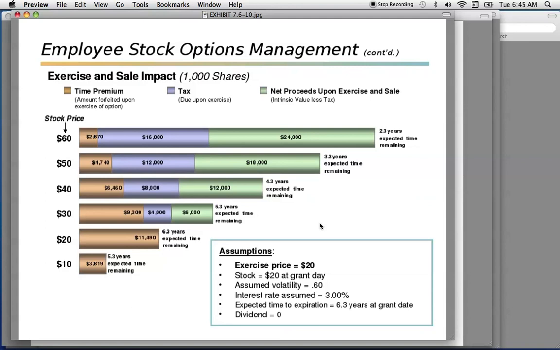So that's why the companies want you to make these early exercises. They don't want you to maximize the value, because it raises the cost and it delays the cash flows.